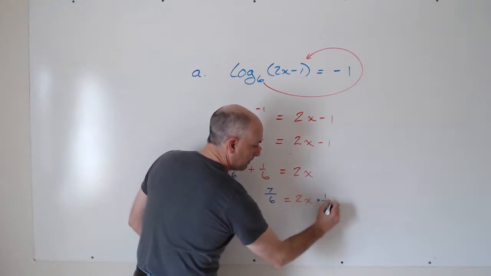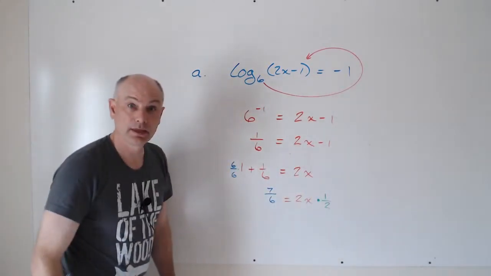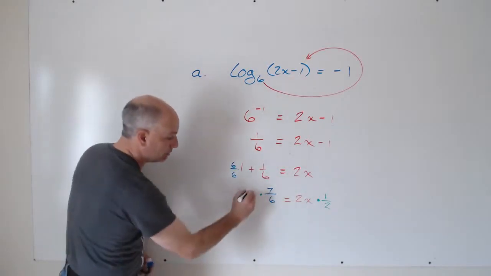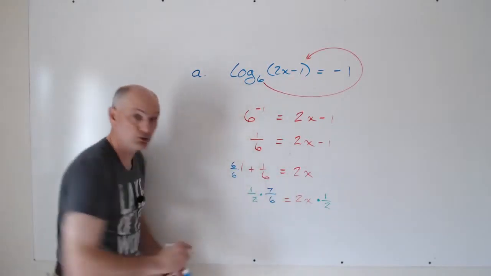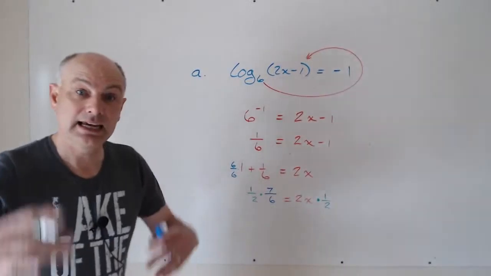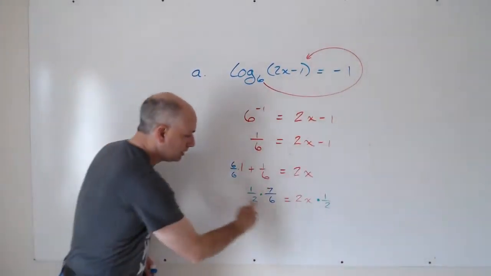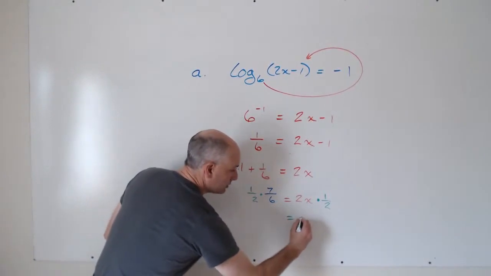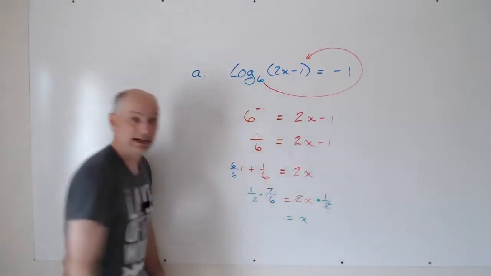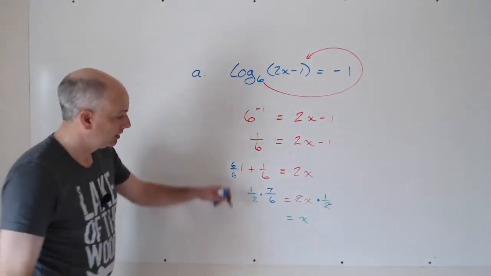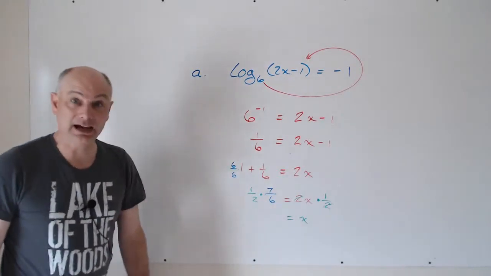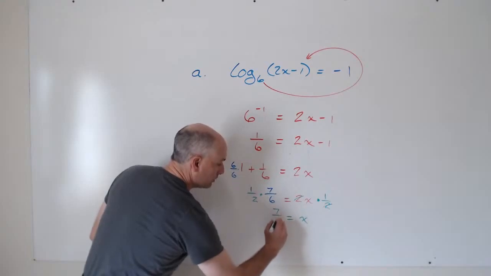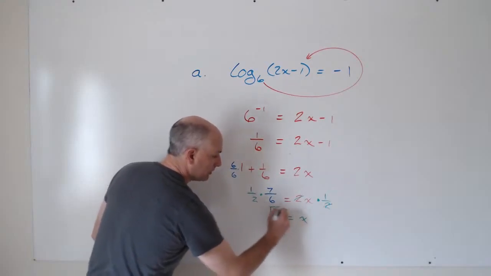Multiply by 1/2. Now, just because of equality, I've got to do that on the other side as well. But notice right away what this does. It lines up everything you need on the other side right away. So my 2's will reduce on the right-hand side as expected. And now I just got to do 1/2 times 7/6. Well, that's just going to be 7 over 12.